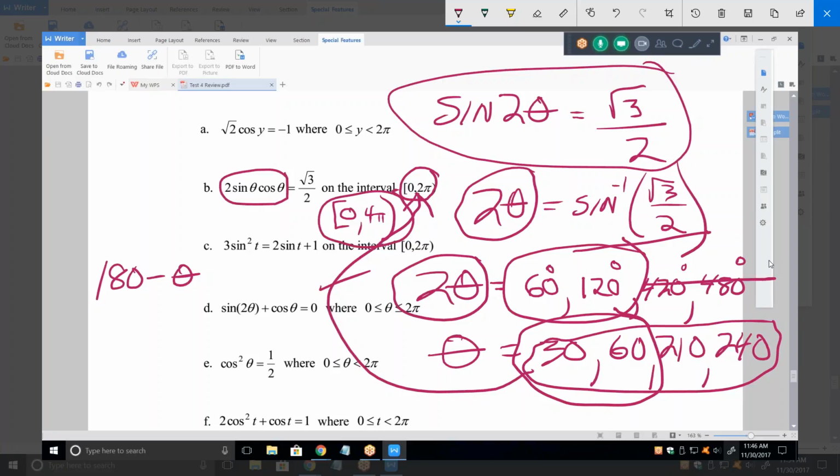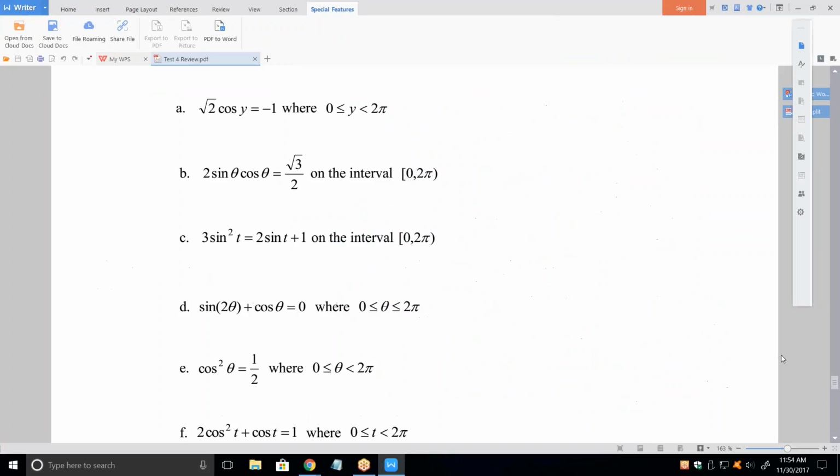So this step is extremely important about expanding the domain based on this number. If that number was a 3, then I would go out to 6 pi. If that number was a 14, I would go out to 28 pi. I would figure all my answers, and then I would divide by whatever that number was. It's the same pattern every time on this problem.